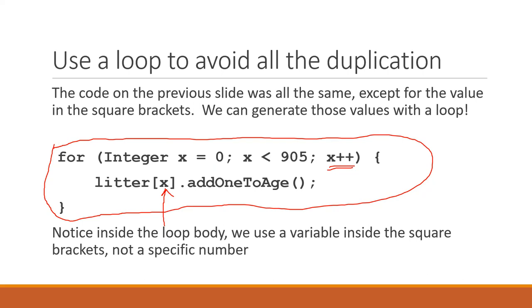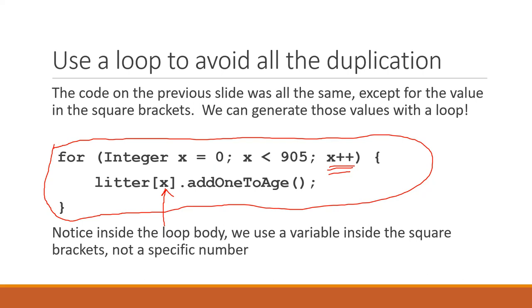And so the second time through the loop, x is 1, and I add 1 to age for the element in position 1 of the litter array. And then x plus plus, it becomes 2. And then I would add 1 to the element in position 2, and then position 3, position 4, etc. Eventually, x would be 904, which is less than 905, and I would add 1 to the element in position 904 of the array.